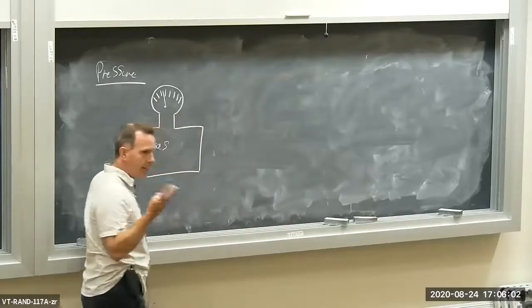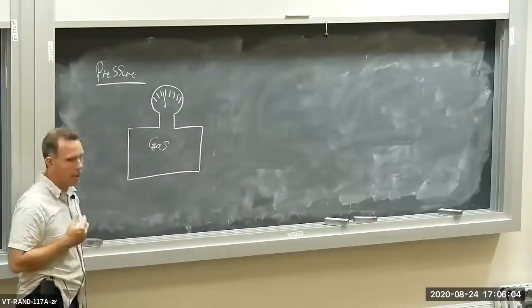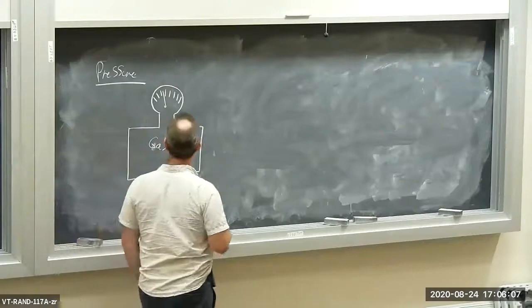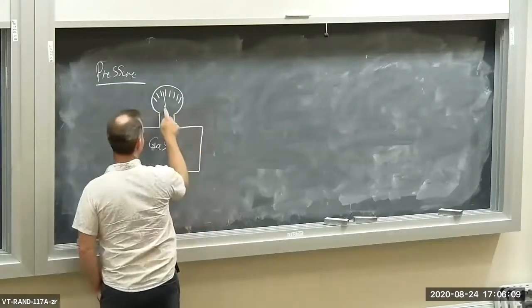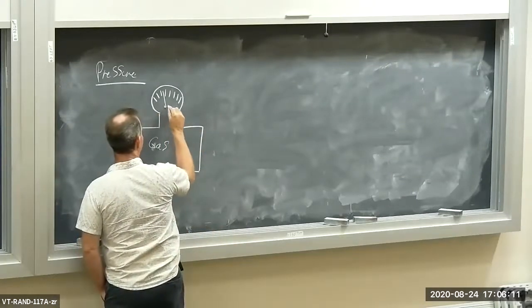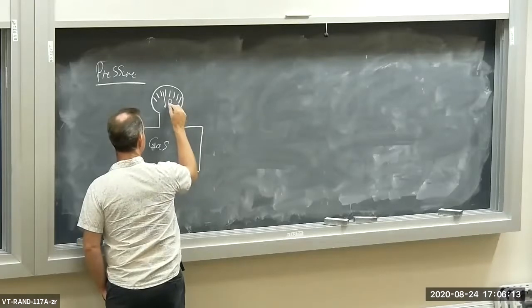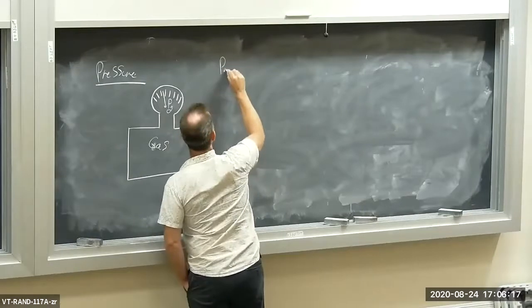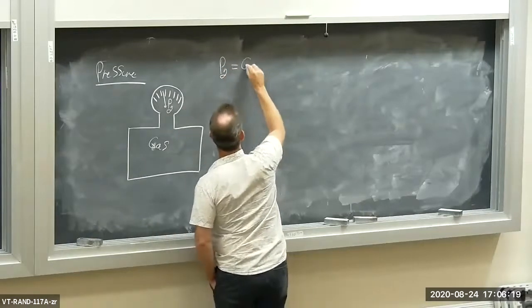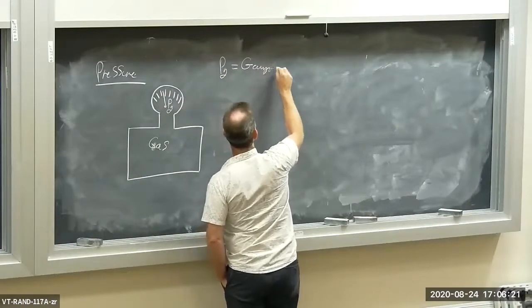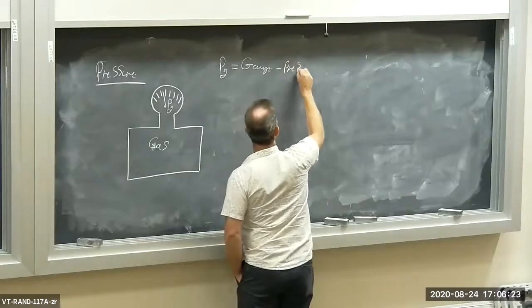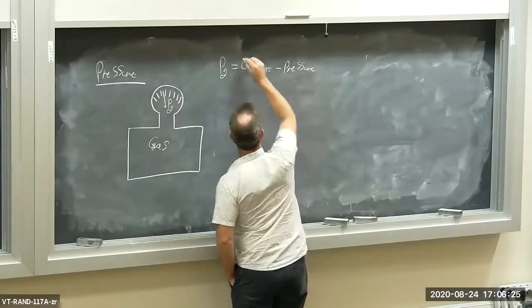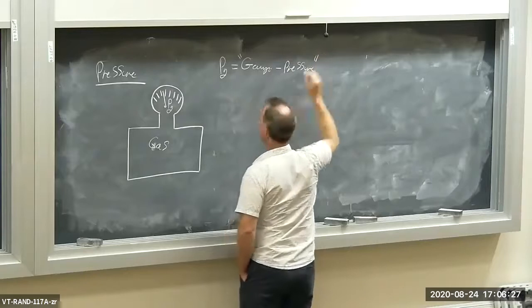Now, there are 3 relevant pressures for this situation. There's the pressure measured by the gauge. So I'm going to write down here, P sub G equals gauge pressure. That's the reading on the gauge.